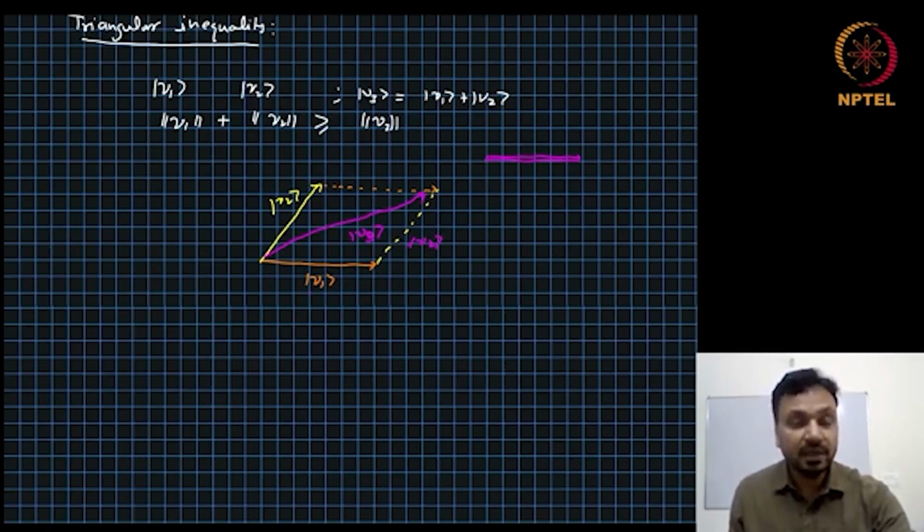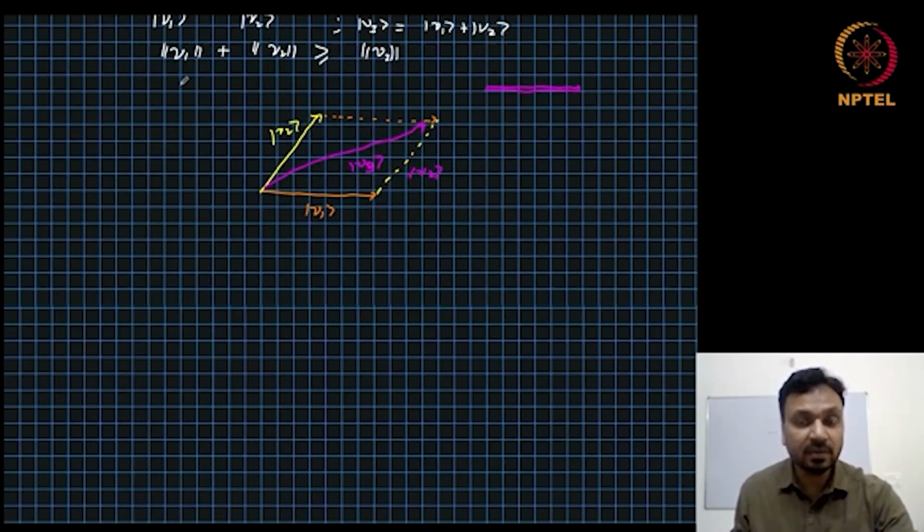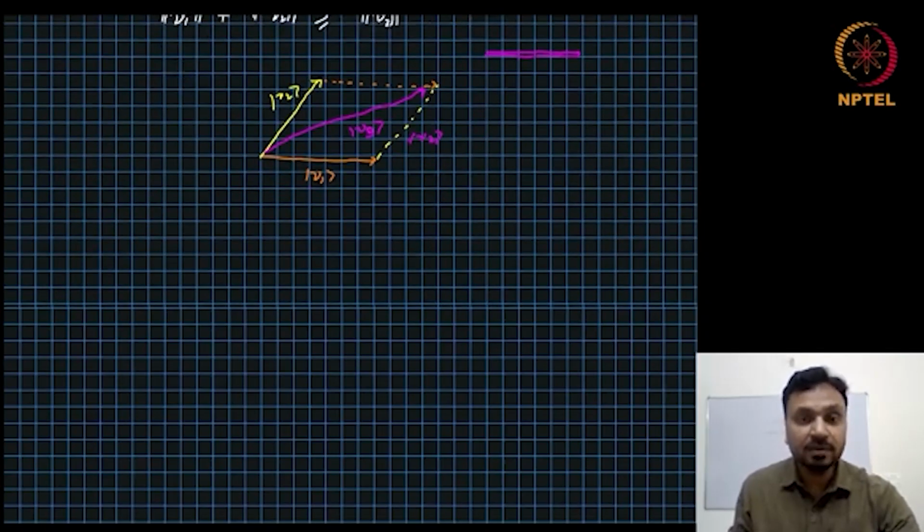This inequality is true in general for any vector space where we have defined the inner product using the definitions we discussed earlier.